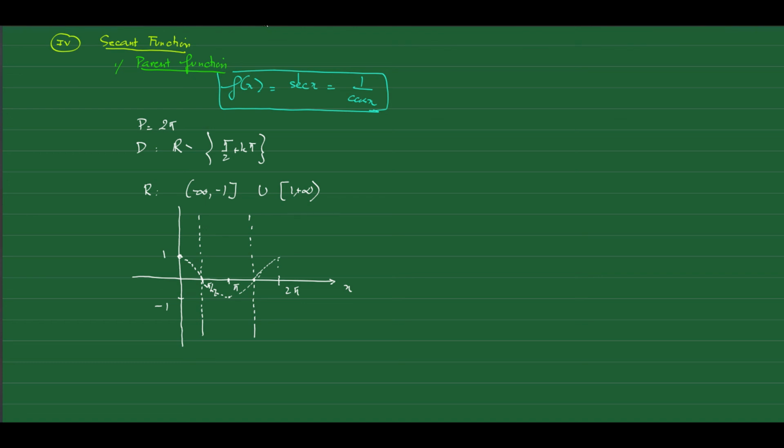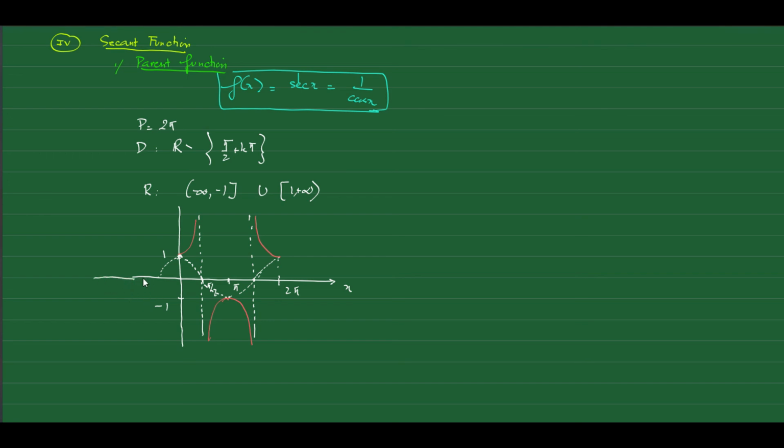And now we're gonna do the secant. Secant, we're gonna have something like this. And on this side, there you go. If you flip it to the other side, you will see that over here you're gonna have another one, and we're gonna have it all the way down like this.